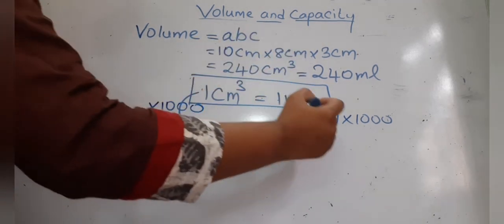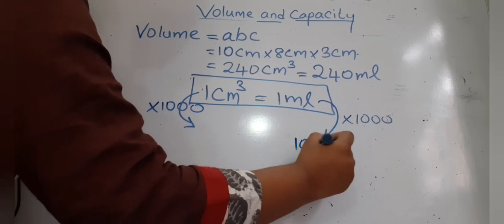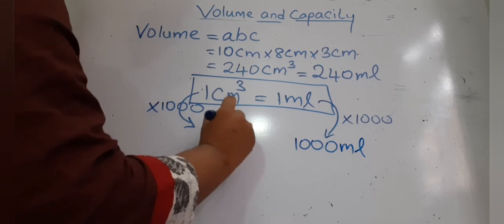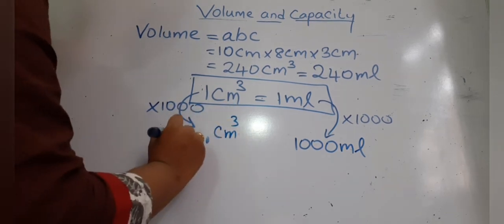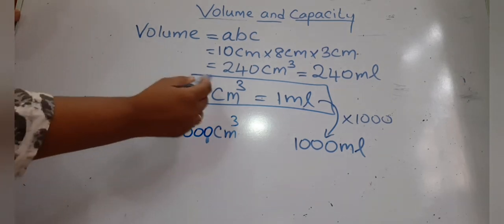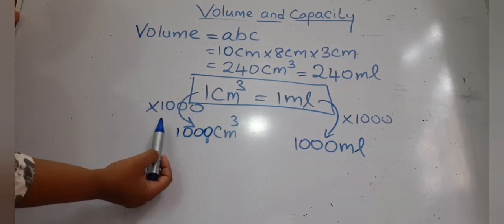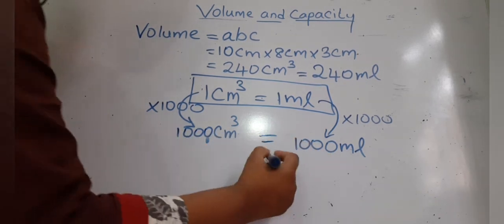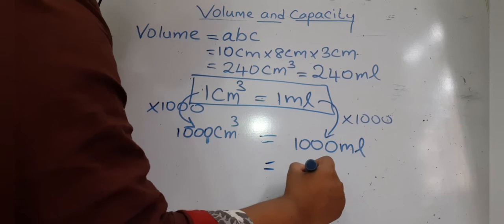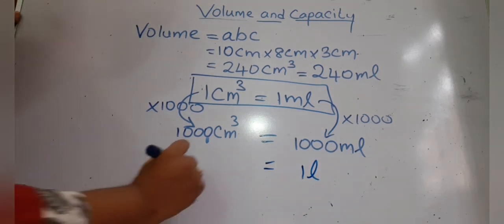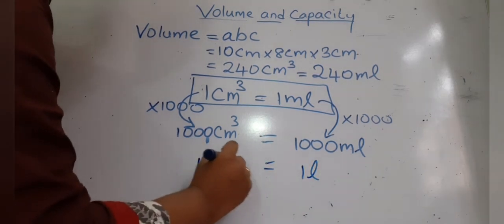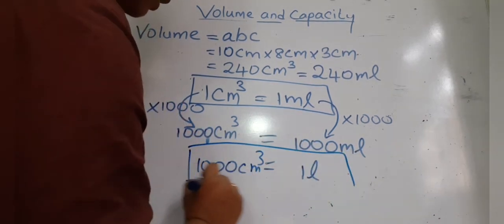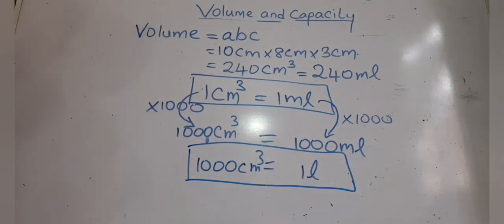So 1 into 1000 is 1000 milliliters. Here it's 1 cubic centimeter, sorry, 1000 cubic centimeter. So I have multiplied both sides by 1000. Now again 1000 milliliter is equal to 1 liter. So here 1000 cubic centimeter, we have obtained the relationship that it is equal to 1 liter.